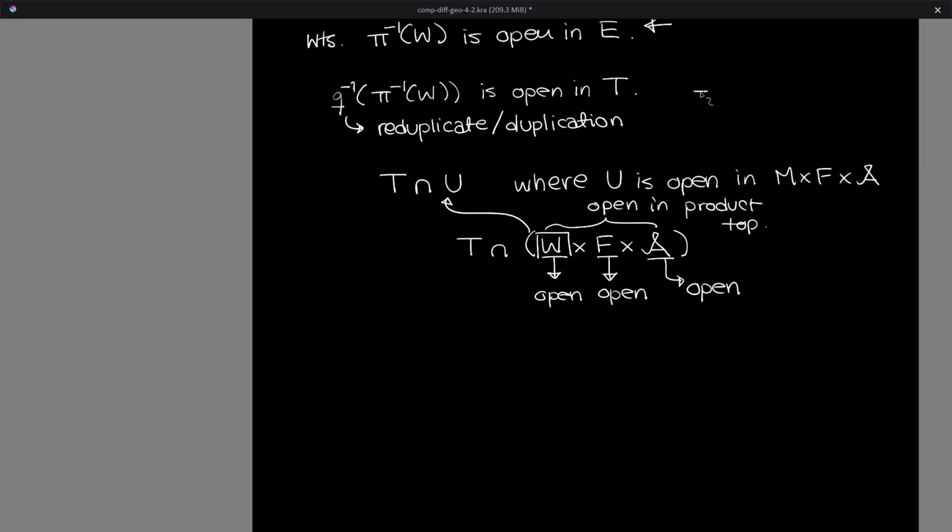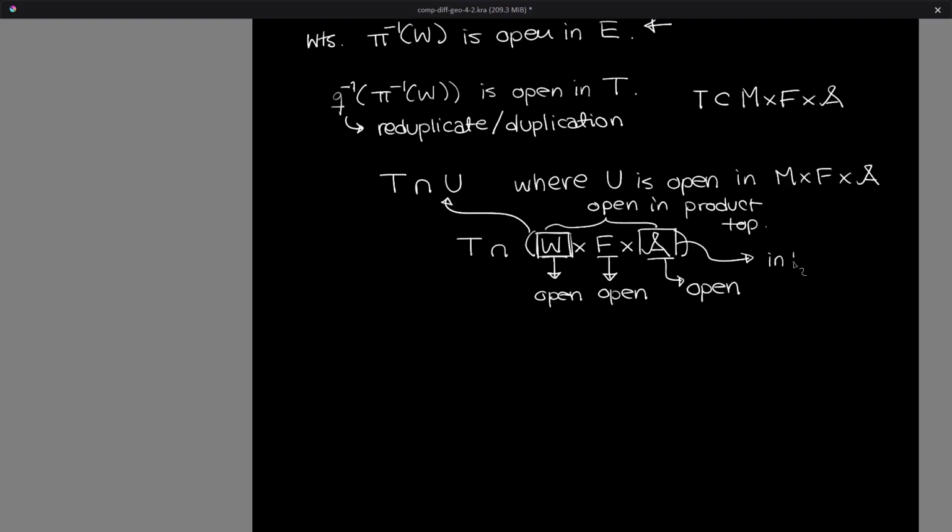T is still a subset of M cross F cross A, but we argued that T must contain all of M and all of F for each point in M. So really, what we're saying is that in this subset W, we might only have a subset of A. We might have a subset of the indices.